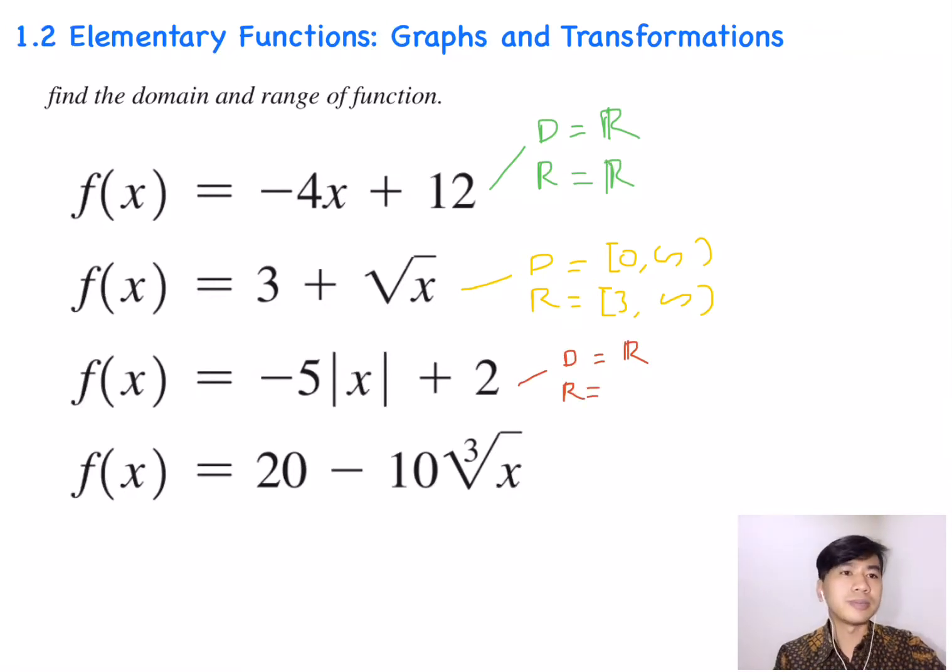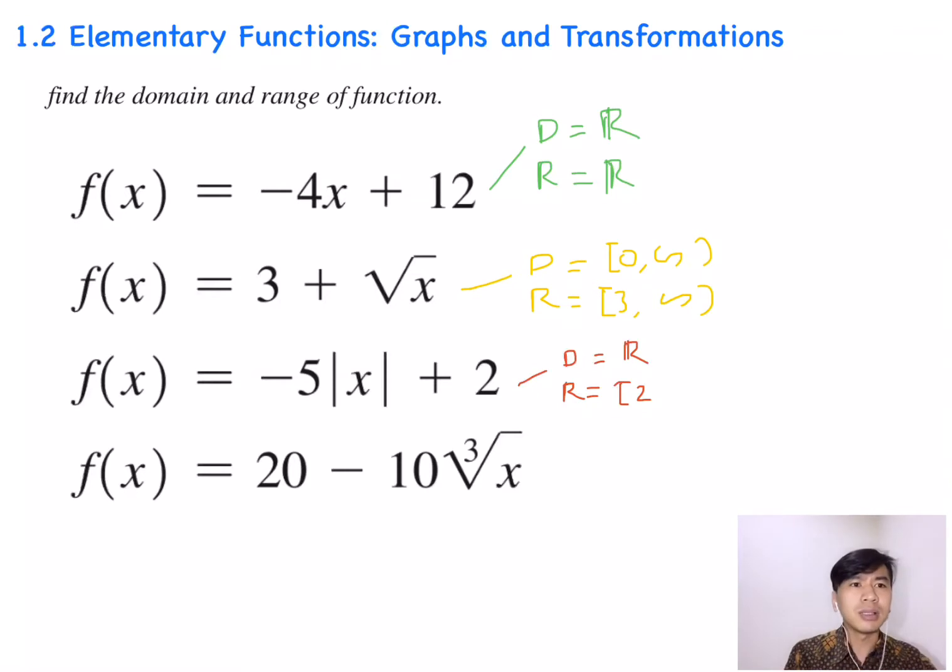Take a look. If it starts from 0, then you'll have -5 times 0 plus 2, so the range will start from 2, and it includes 2. And what happens when x is increased or decreased? If x is 1, then you'll have -5 times 1 plus 2, which is -3.